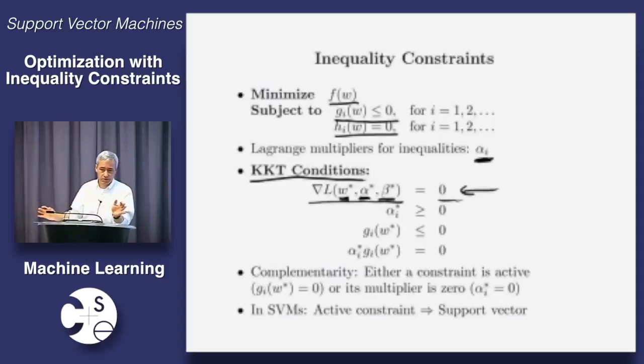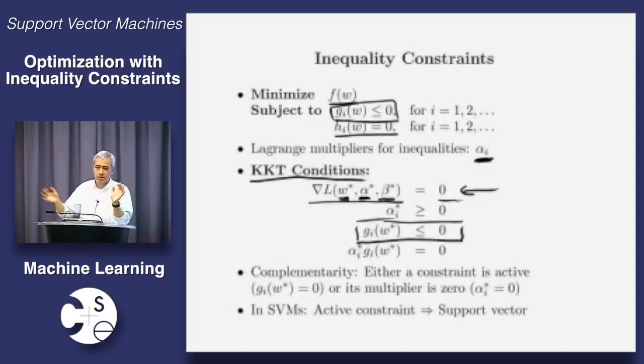So no big deal so far. This is fairly intuitive. All of these guys have to be non-negative as before. These guys all have to be less than 0, but this is really just repeating my definition of the problem, right? That the g's all have to be less than 0. I'm arbitrarily picking them to be less than 0 because it's more convenient. So nothing very surprising or very interesting so far.